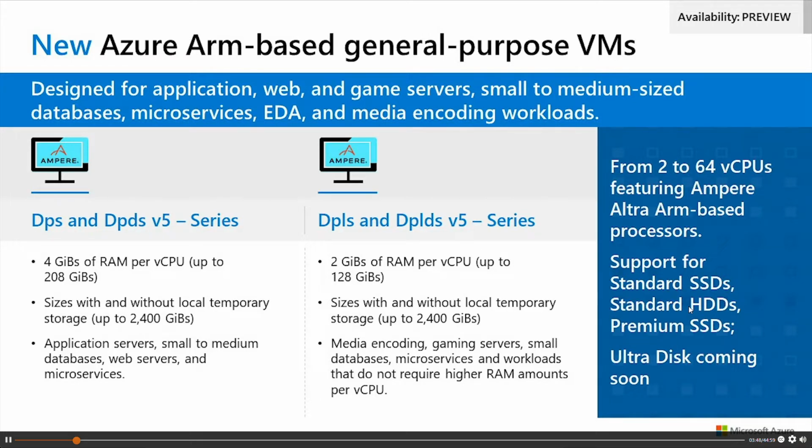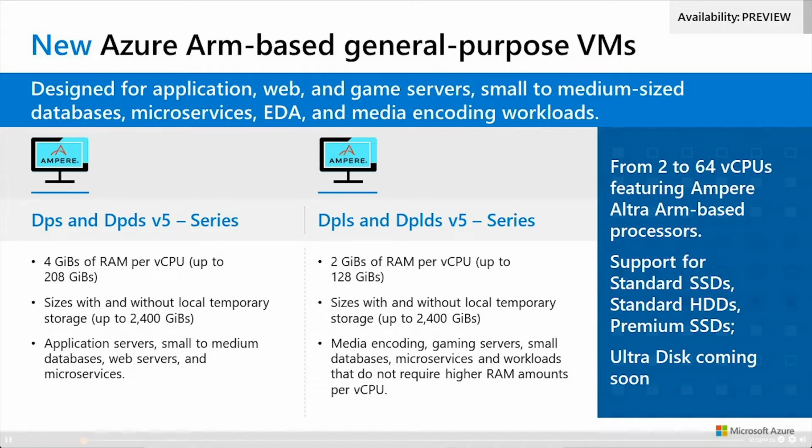The DPS instances come with 4 GB of RAM per vCPU in sizes up to 64 vCPUs and up to 208 GB of RAM. The DPLS family comes in 2 GB of RAM per vCPU in sizes up to 64 vCPUs and 128 GB of RAM. Both the DPS and DPLS series support local SSD temporary storage options, as well as a range of remote storage options from standard solid state and hard disk drives and premium SSD storage, with support for UltraDisk remote storage coming soon.